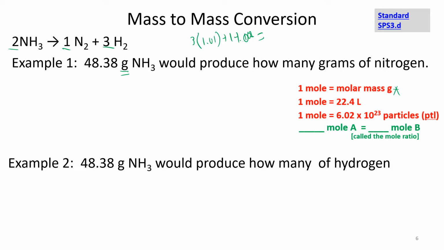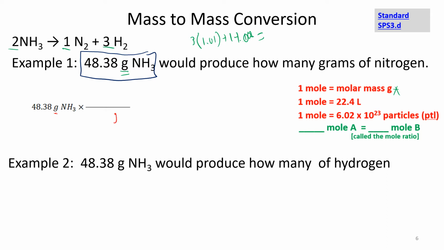Either way, once I get that molar mass, when I'm setting up my conversion, the first thing that you want to write is your given number and your given unit. That's going to be the first thing that hits my page because it's going to drive the next step. So when I look at this given number and this given unit, grams is telling me that in order to cancel out, I'm going to have to put my grams on bottom.